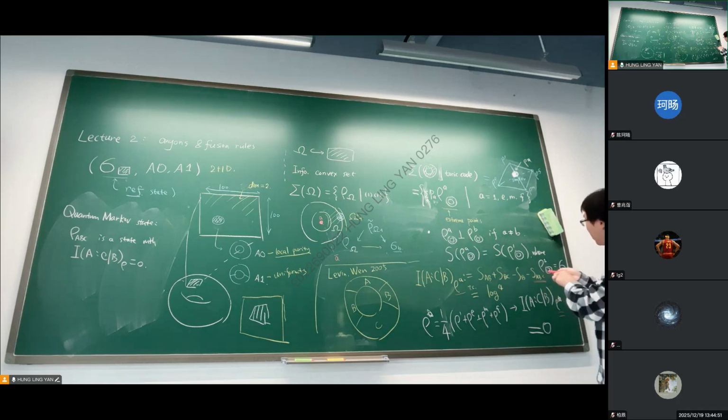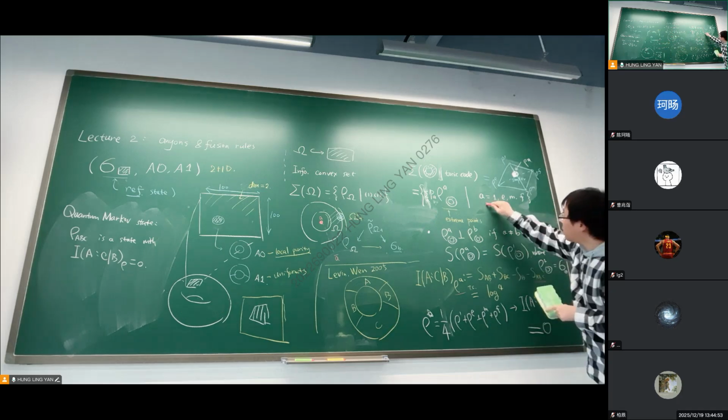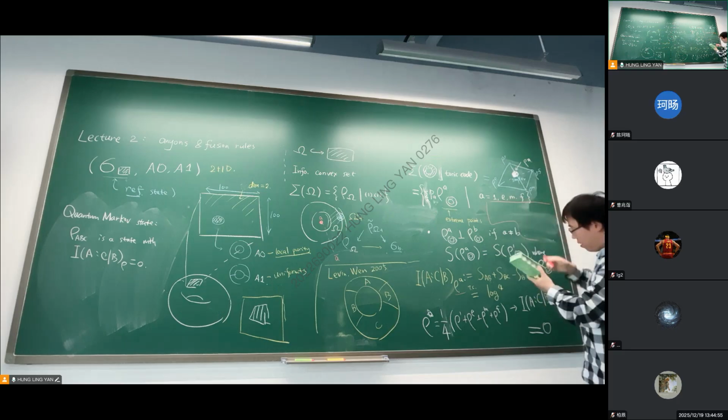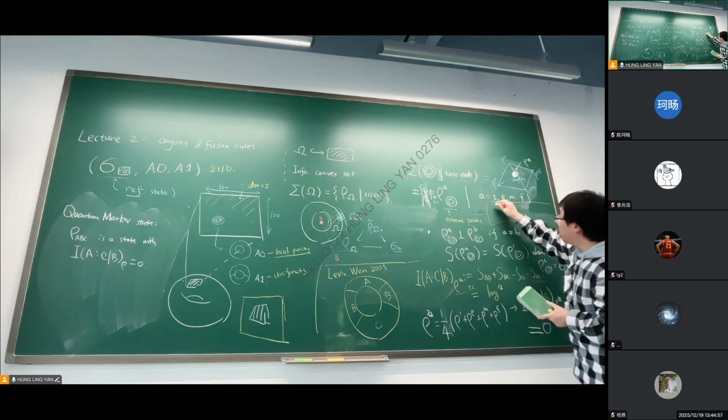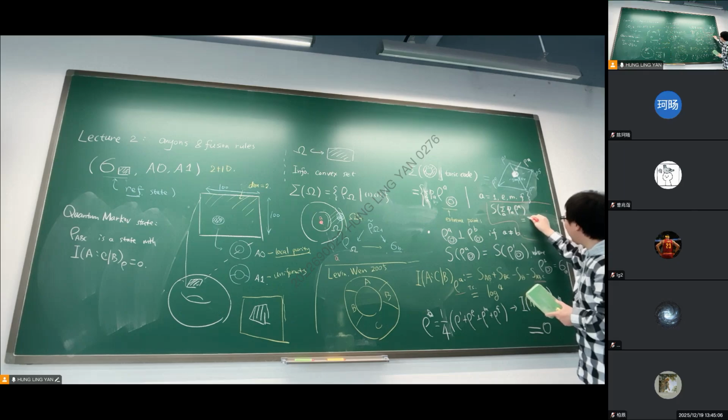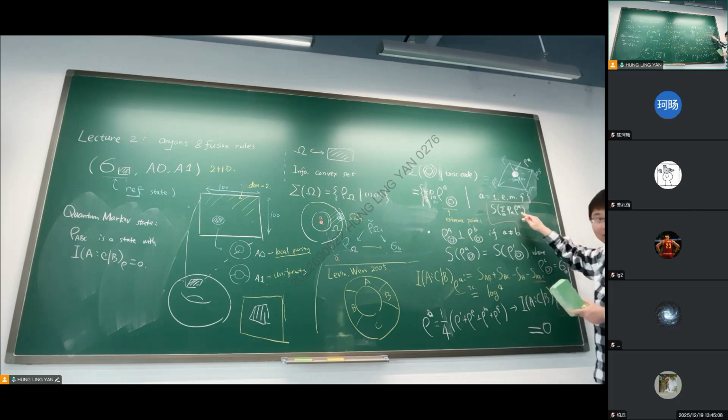So let me write the formula here. The entropy of a sum, sum of A of U_A, I suppose those states are mutually orthogonal.